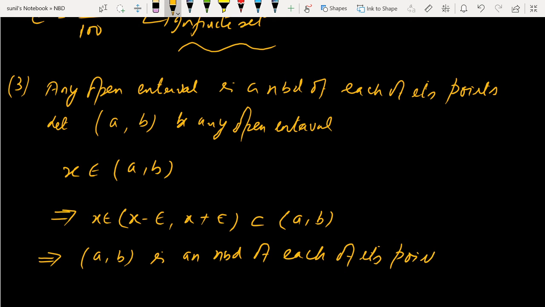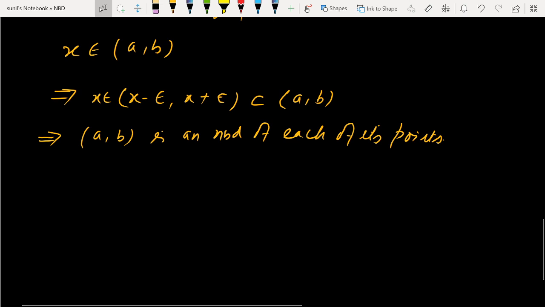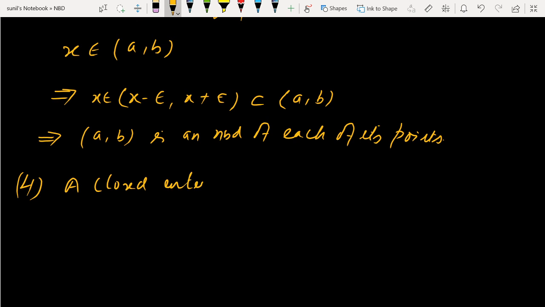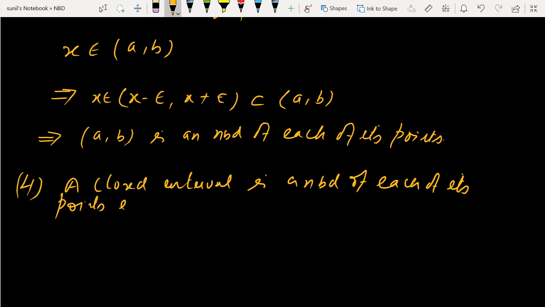Now the next question arises: what can you say about any closed interval? Now try to understand that. A closed interval is a neighborhood of each of its points except endpoints.